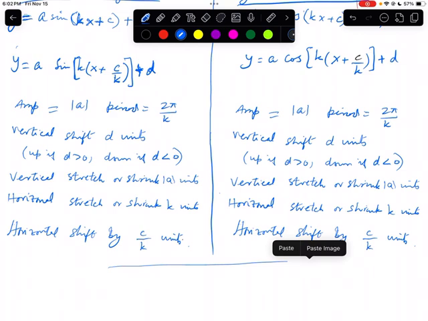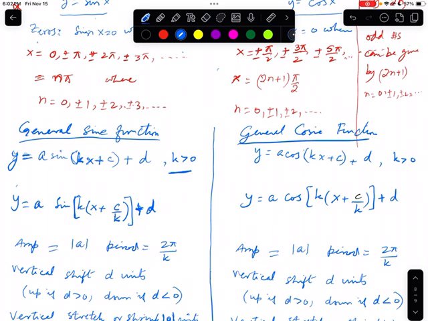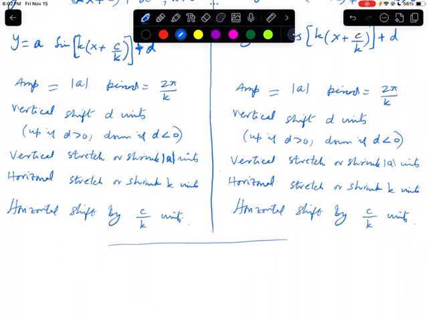Then we have a vertical shrink or stretch of magnitude a units. If a is between 0 and 1, actually between -1 and 1, then it will be a vertical shrink, and if a is greater than 1, then it will be a vertical stretch.